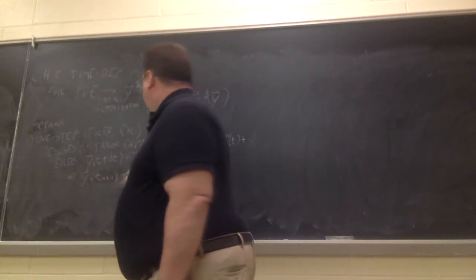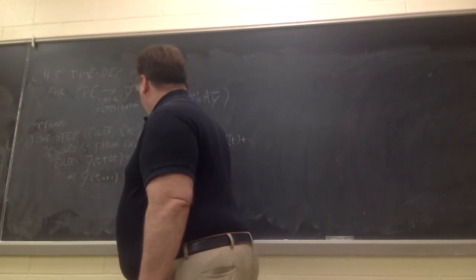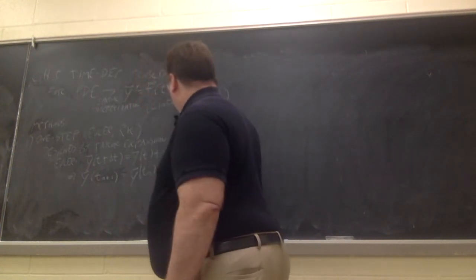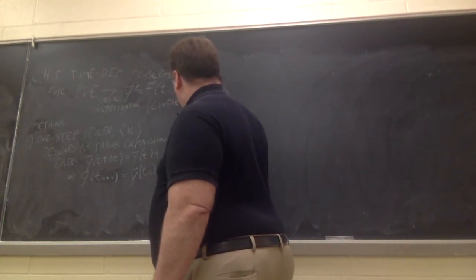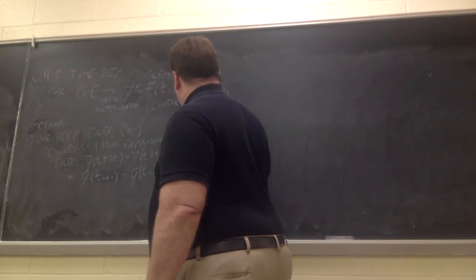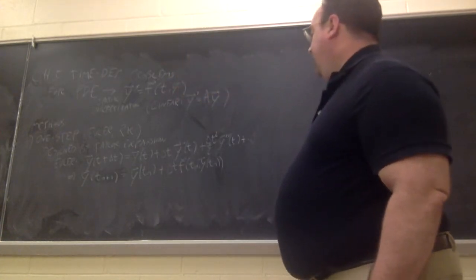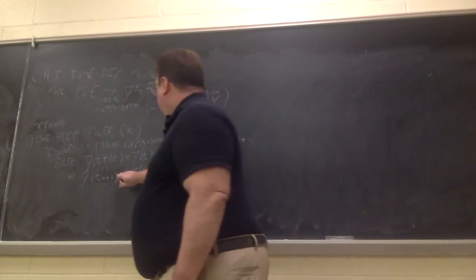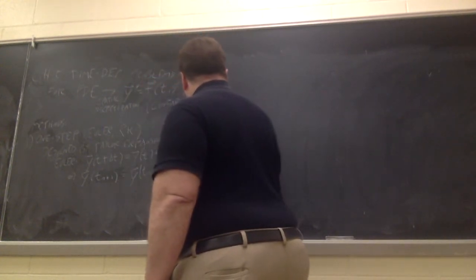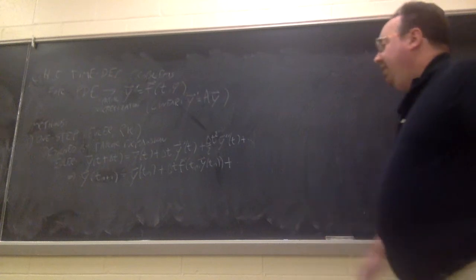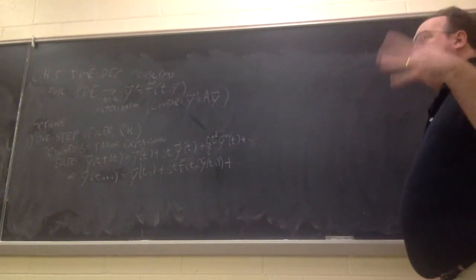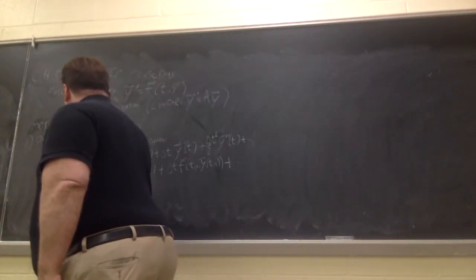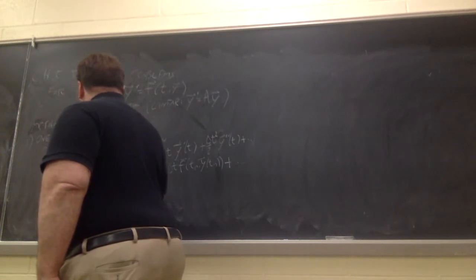So y at time n plus 1 is equal to y at time n plus delta t times f at time tn. And then everything else is neglected because it's order delta t squared, which is pretty small.